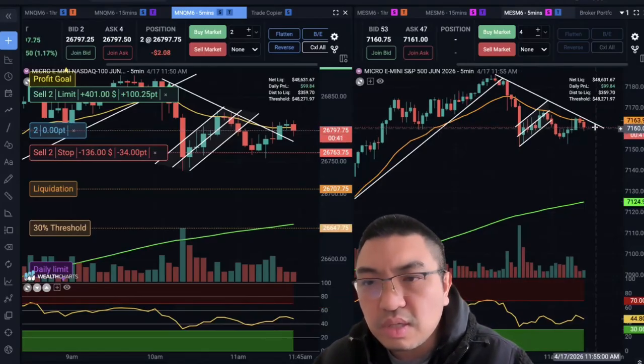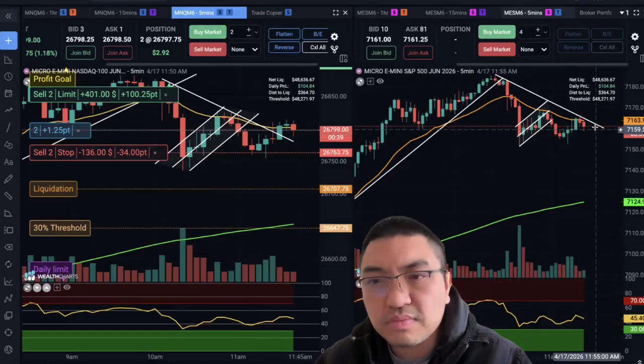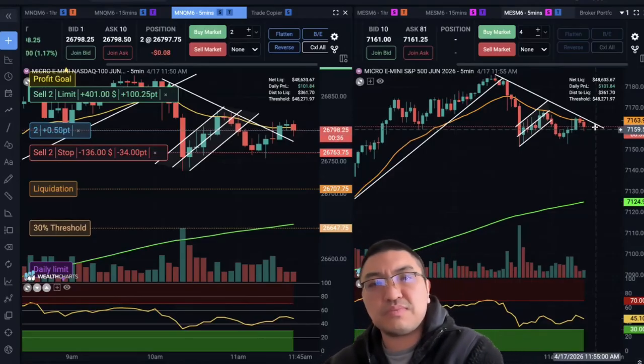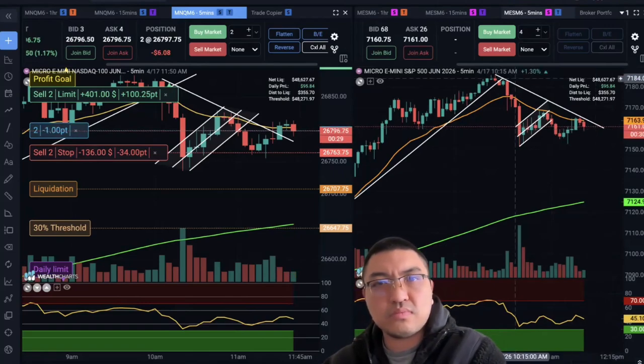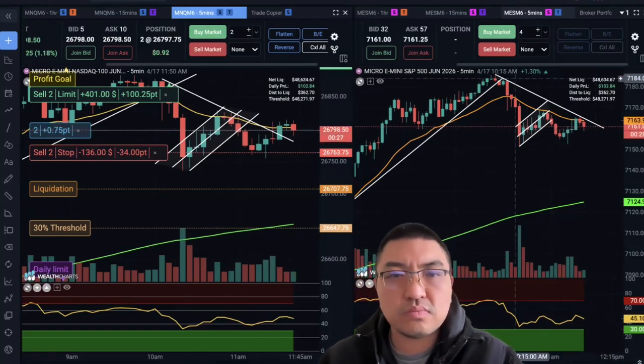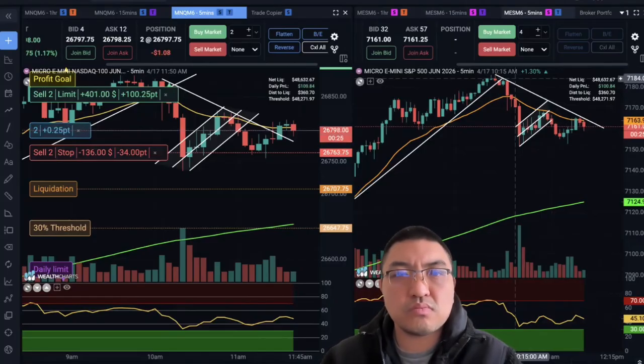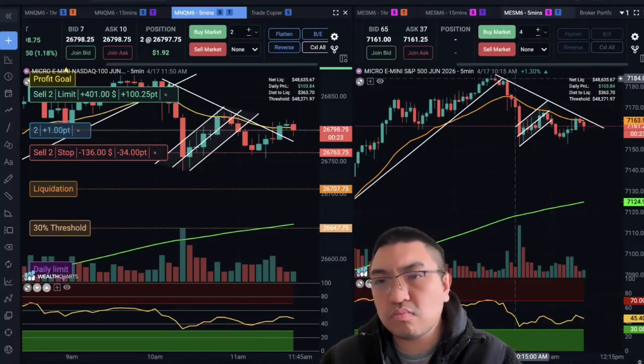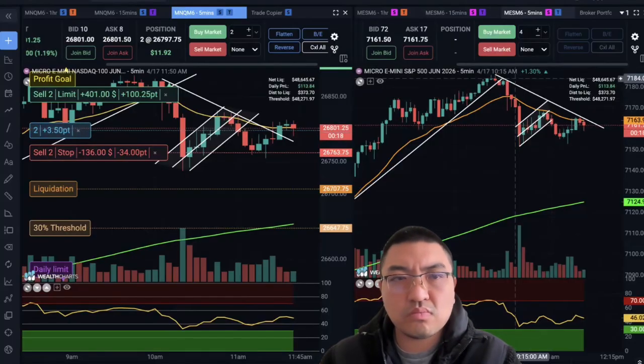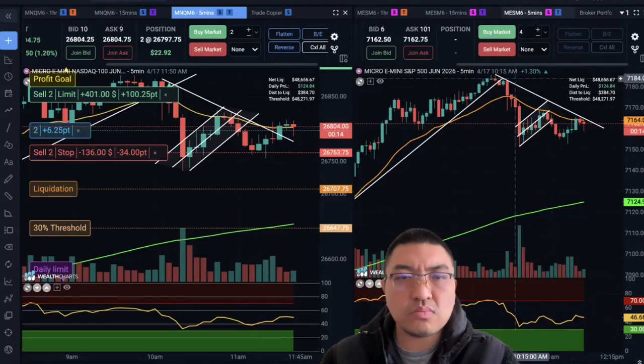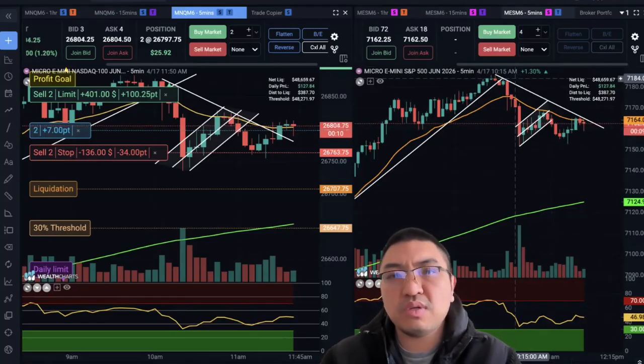Okay, so auto here is just a deep retest. Oops, buyers step in, buyers resume, buyers go.